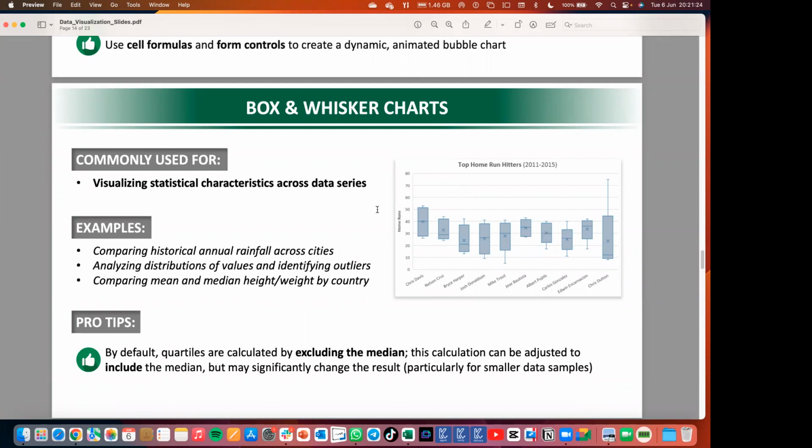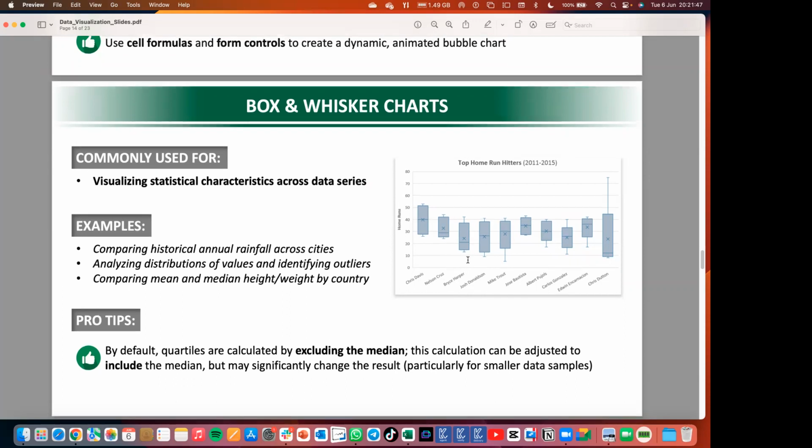Those people who have done online marketing, you have seen something related to this. And when you look at the examples here, comparing historical annual rainfall across cities, analyzing distributions of values and identifying outliers. So where you find that you have an outlier, you have an approximation you're doing in the back end, that's why you come and use the box and whisker charts.